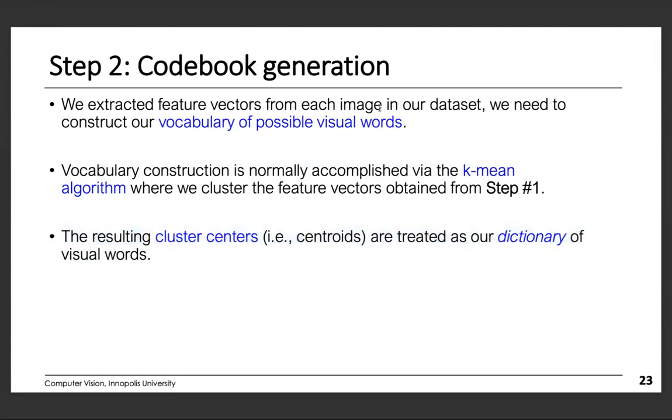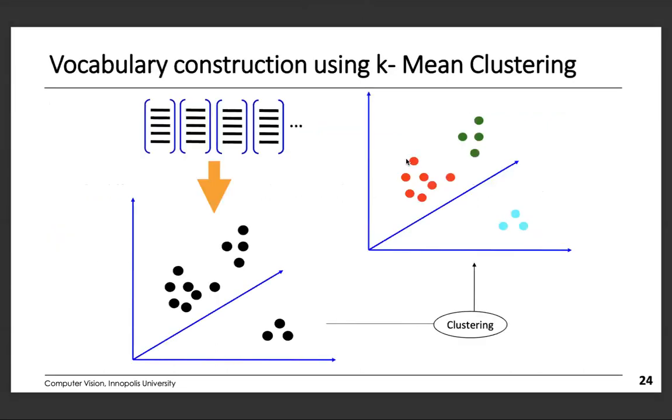So the first step would be to create a gigantic bag of visual words, but we're not going to be using all of that. All of this vocabulary will not be taken. We will only take a few of them, which are the centroids of k-means applied to this big bag of visual words, and the centroids will be our new bag of visual words.